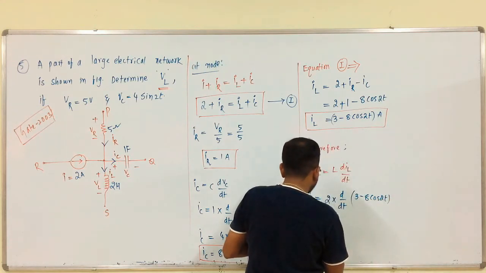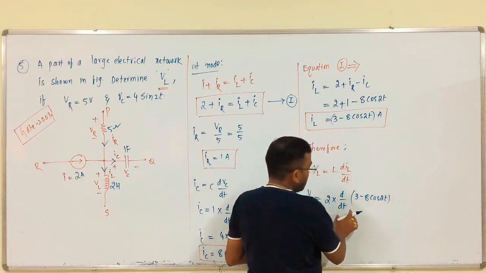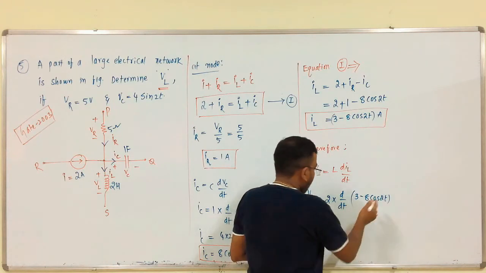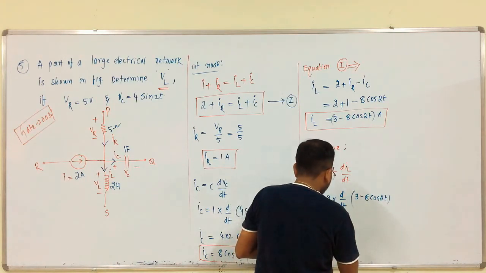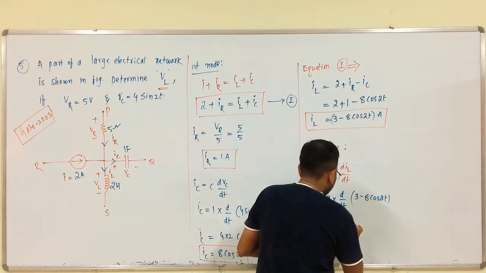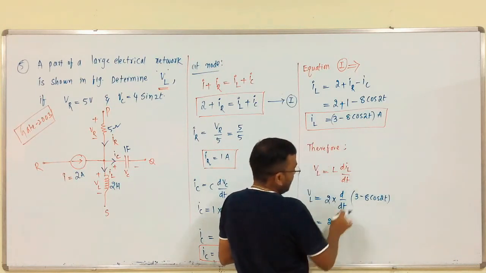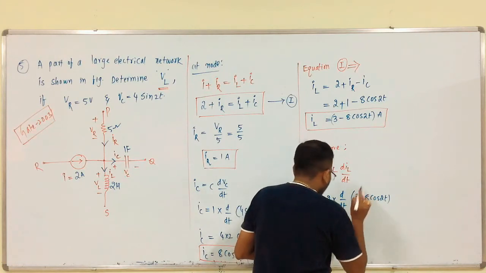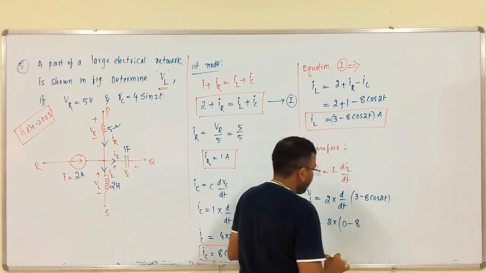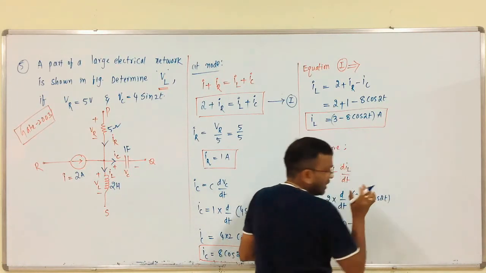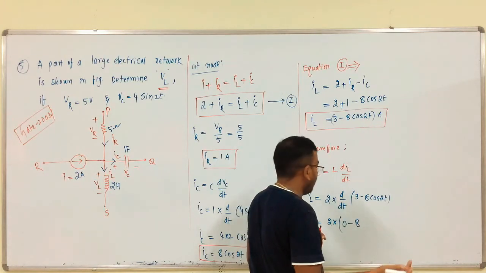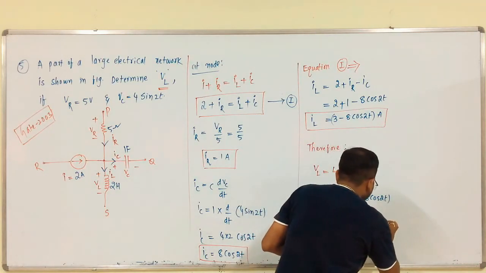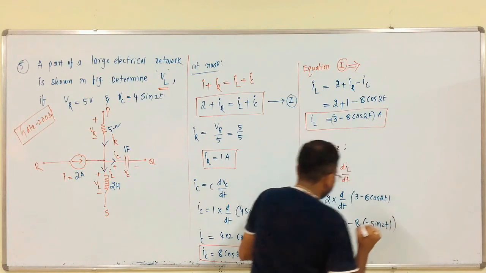The differentiation of the constant term is 0, minus the differentiation of 8 cos 2t. 8 is constant, and cos 2t differentiation is minus sin 2t.